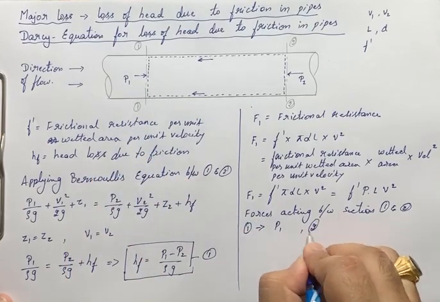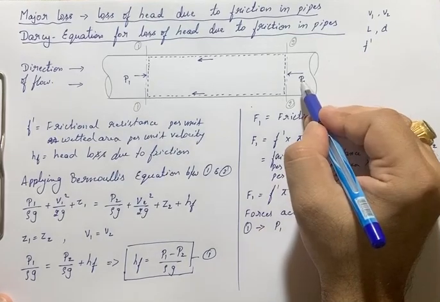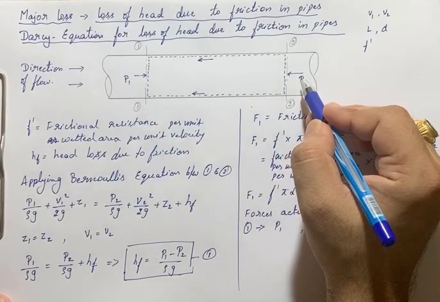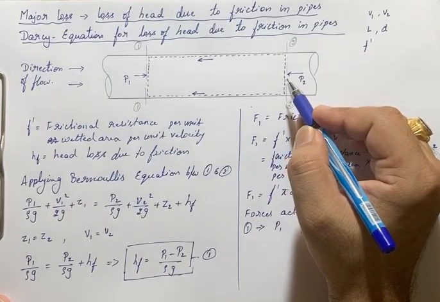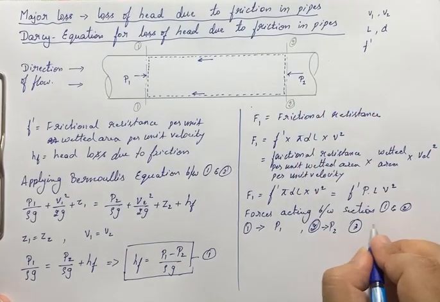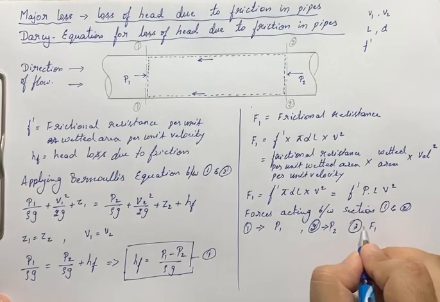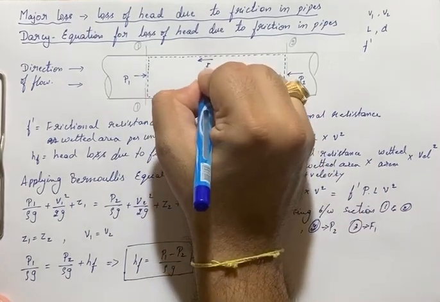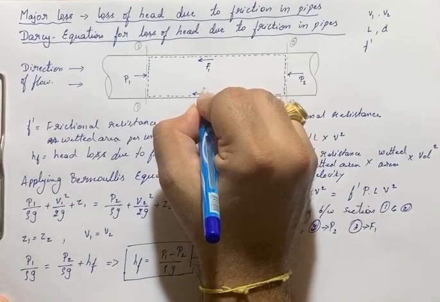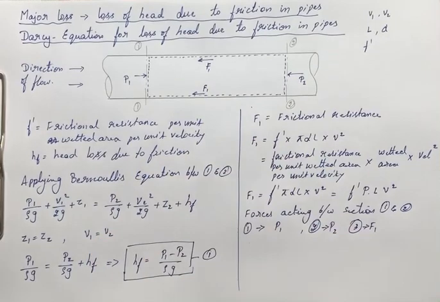Second force is the pressure force which is acting in section 2. Here the pressure force is acting opposite to the direction of flow. And the third one is the frictional force F1. Frictional force is acting on the surface of the fluid element, that is the surface which is in contact with the fluid.